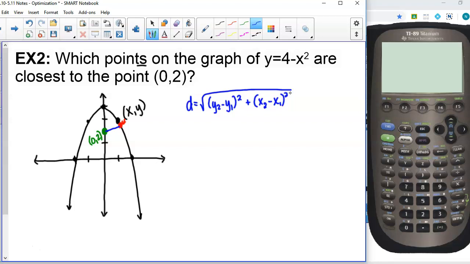If you put the x1s before the x2s, that's fine, because it doesn't really matter as far as the signs go. But this is our distance formula. So let's do the distance formula with these 2 points. So our distance formula would be the square root of y minus 2 squared plus x minus 0 squared.